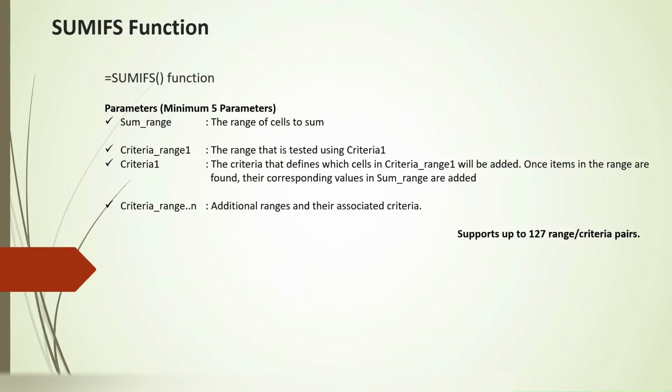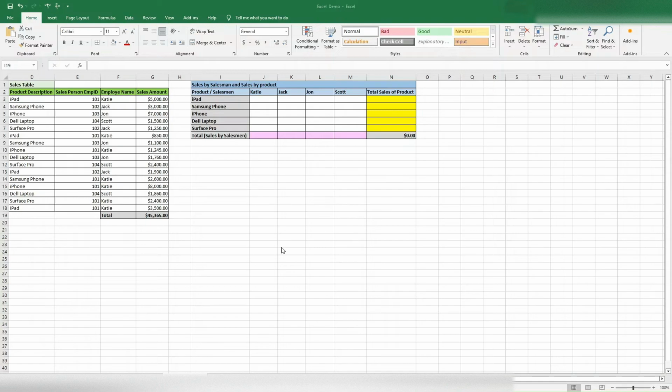Let's go and see the quick demo. So here we have the sample Excel sheet that I created with a similar arrangement. We have a sales table where we have products, iPad, iPhone, phones, and laptops, and all of the products that are available for sales.